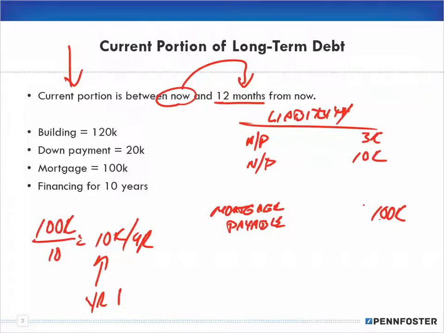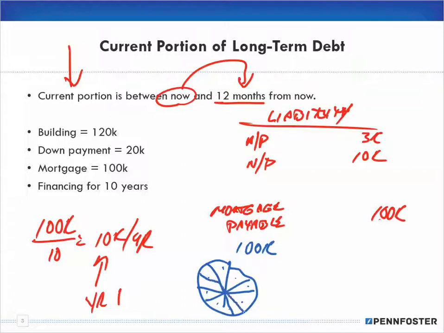If I divide this mortgage payable of 100,000 into 10 years, 1, 2, 3, 4, 5, 6, 7, 8, 9, 10, visually, this first year is $10,000, and all the remaining is 90,000. Okay, we got that.